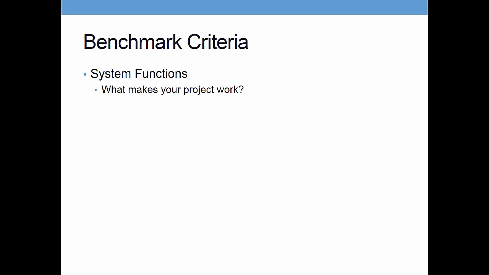These criteria can be divided into system functions. You will be able to quantify and analyze your project with these. When you do this, my suggestion is that you brainstorm.